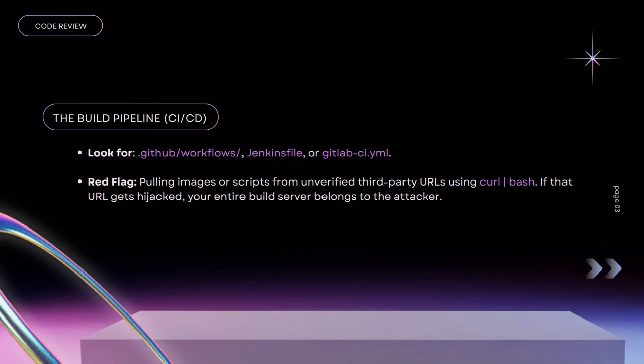A secure pipeline uses least privilege permissions and pins actions using a specific hash instead of a version tag, ensuring that the tools building your code are just as trustworthy as the code itself.